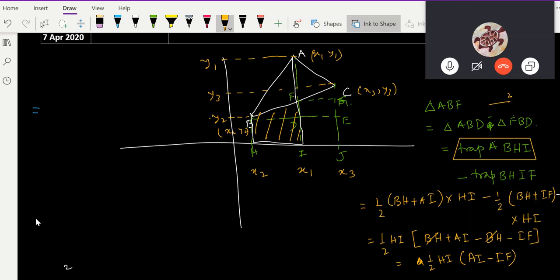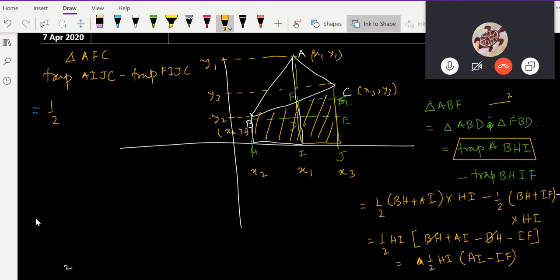So the other one is this part. Triangle AFC is equal to trapezium AIJC minus trapezium FIJC, right? Correct? Yes. So what is trapezium AIJC?